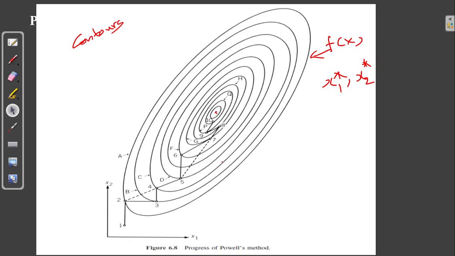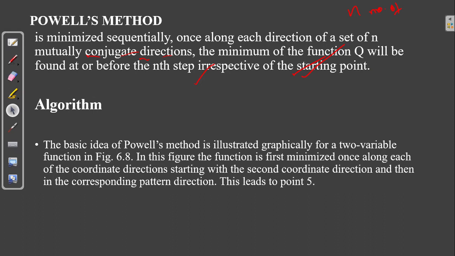Now this is the progress of Powell's method. First of all, we are discussing the algorithm. For algorithms, you blindly follow the algorithm and then you will reach the minimum point. But if you understand the algorithm, then it is easy to apply also, so we will try to understand the algorithm first.